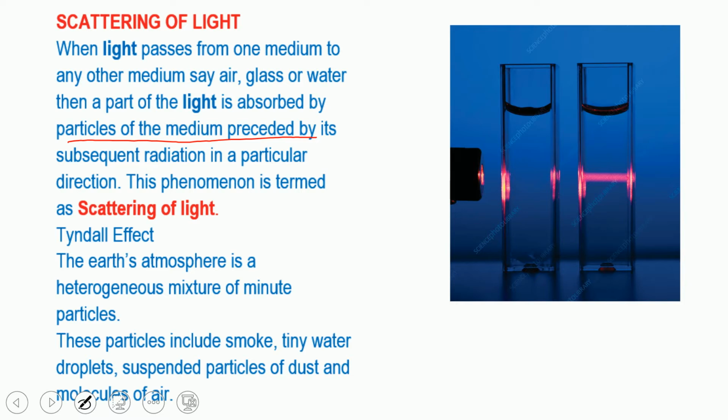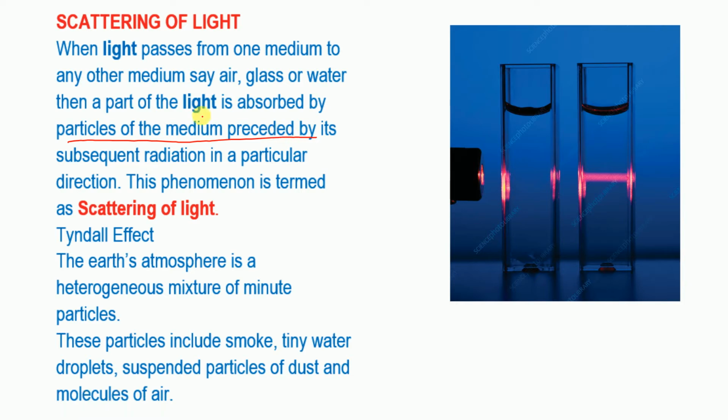So understand what scattering of light is: when light passes from one medium to another, such as air, glass, etc., a part of the light is absorbed by the particles of the medium, and then it is radiated in a particular direction. This radiation phenomenon is termed scattering of light.